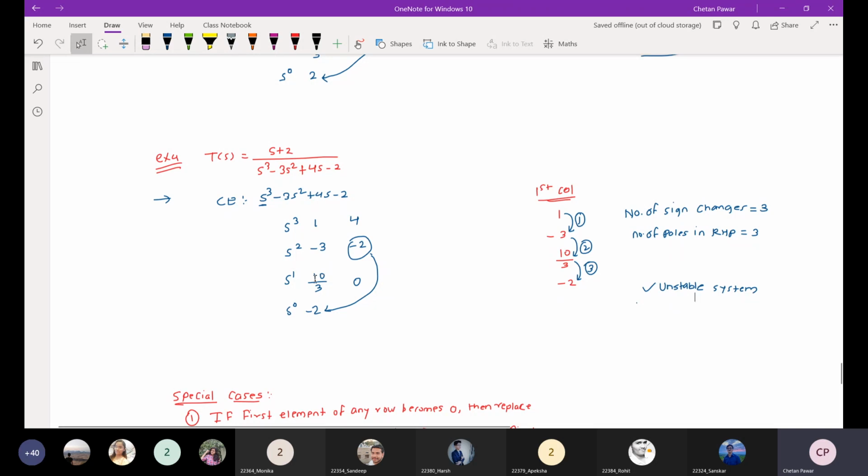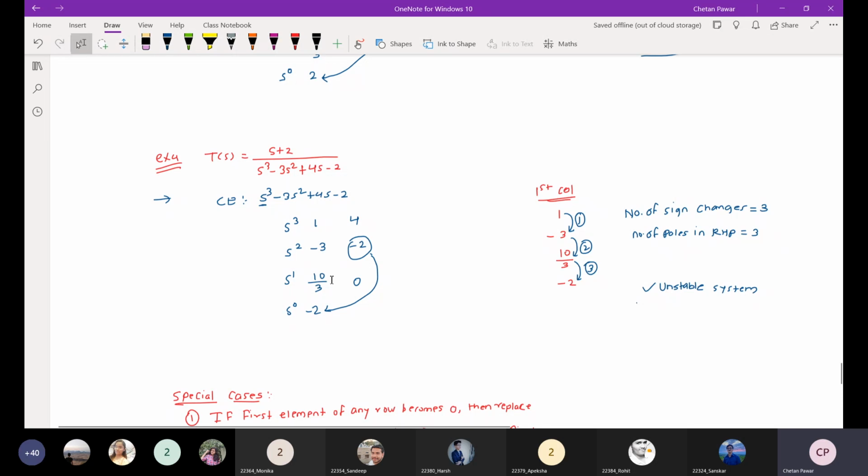For example, in this s raised to 2 row, if instead of minus 3 there is a 0, then to find the first element of the s raised to 1 row, you need to multiply 0 with 4, minus this term, minus 2 into 1, divided by 0.